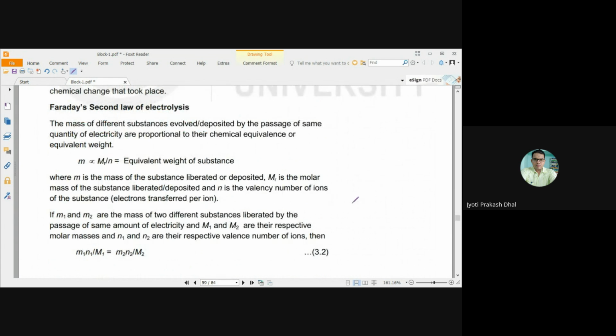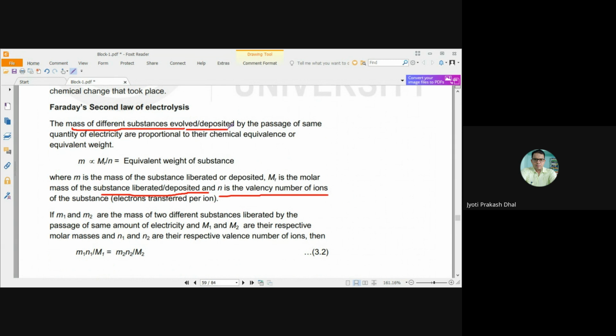Now coming to Faraday's second law of electrolysis. The statement of Faraday's second law is like this: the mass of the different substances evolved or deposited, where Mr is the molar mass of the substance liberated or deposited, and n is the valency or the number of charges on the ions.